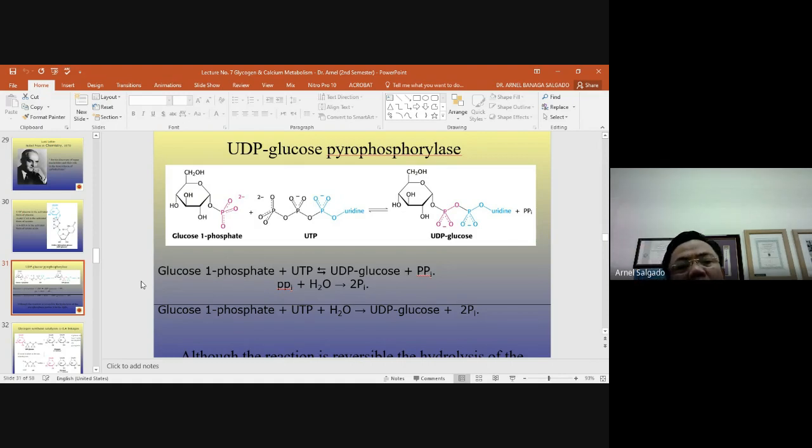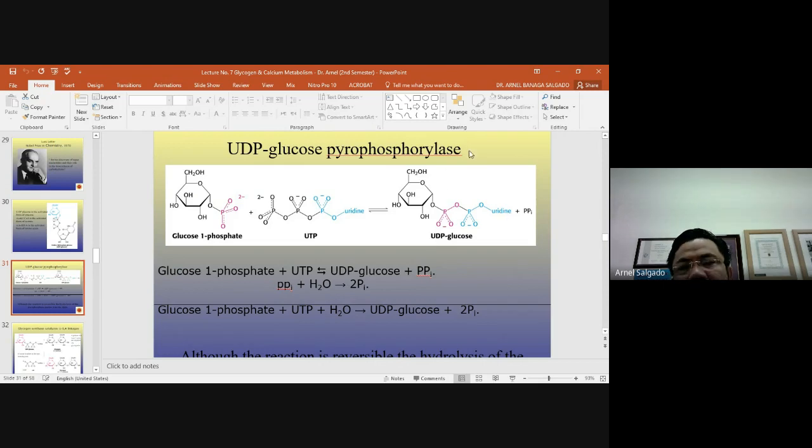So this is one molecule of glucose 1-phosphate, right? And this is UTP, uridine triphosphate. We are going to remove one phosphorus by the action of pyrophosphorylase. Now we can produce UDP glucose, uridine diphosphate glucose.